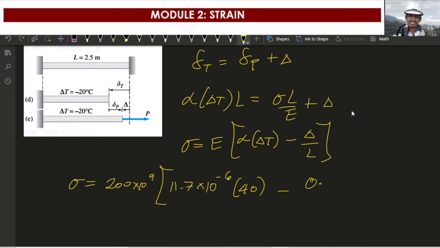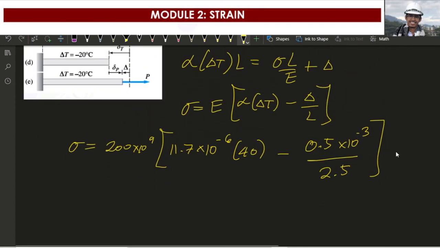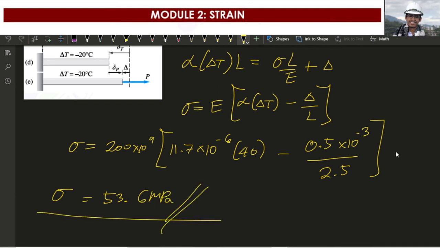So that will be 0.5 times 10 raised to negative 3, para maging meter, divided by L, which is yung 2.5 meter. Okay. So yung stress natin will give us a stress of 53.6 megapascal. Okay, so this will be our final answer.